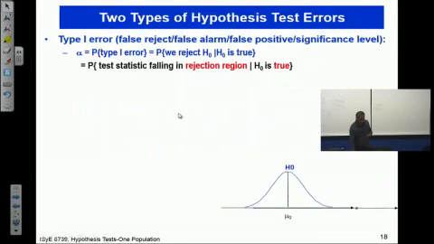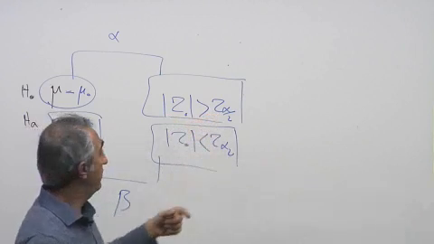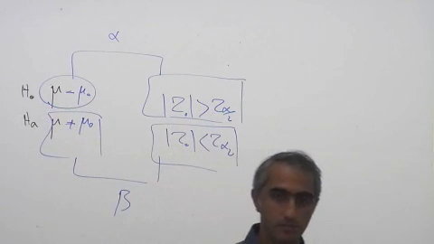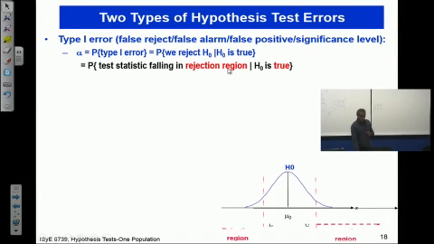Which is the same as the probability of the test statistic falling in the rejection region given H null is true, or mu is equal to mu 0 in this case.